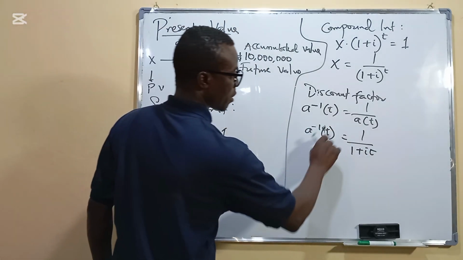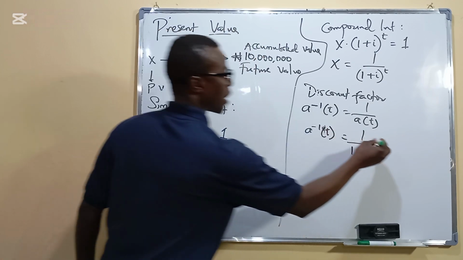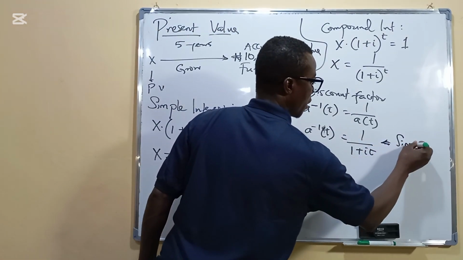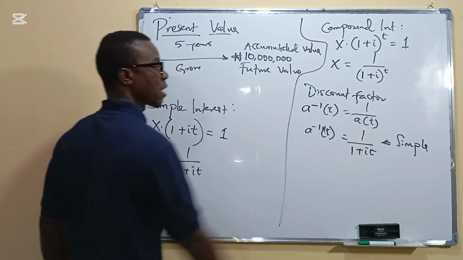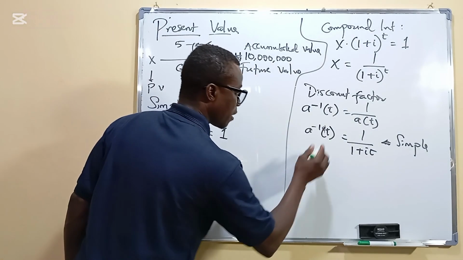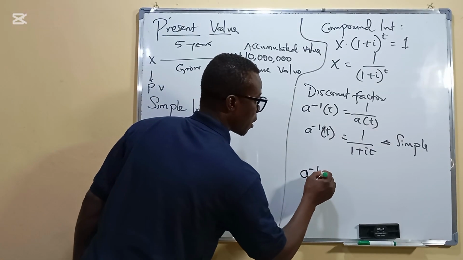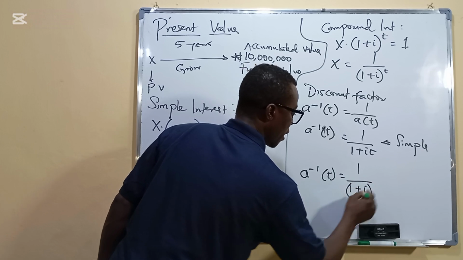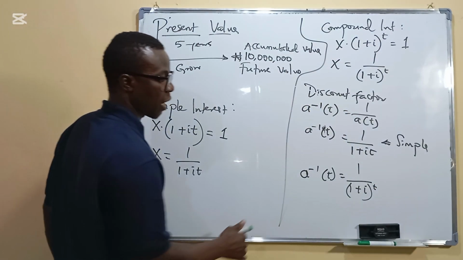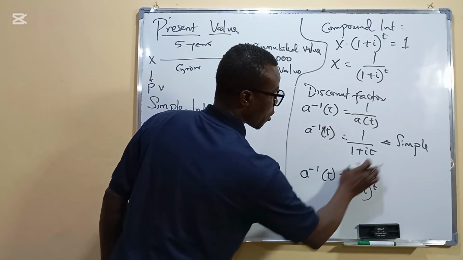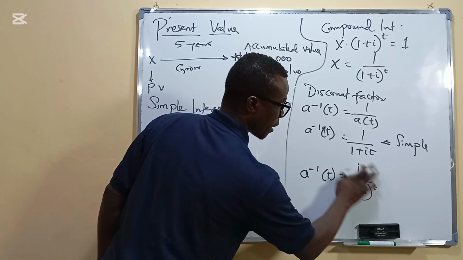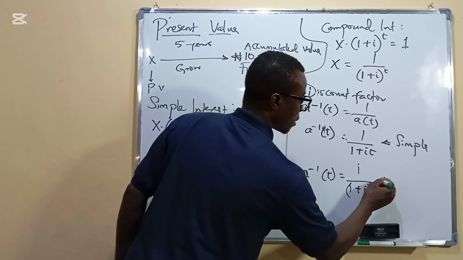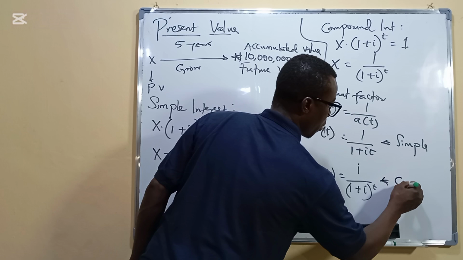We have this and it's equal to this. That's in the case of simple, and we call it the discount factor. And then in the case of compound, this is 1 over 1 plus i, with the t, just exactly what I have there. So I'm going to refer to this as the discount factor, while this is the case of compound.